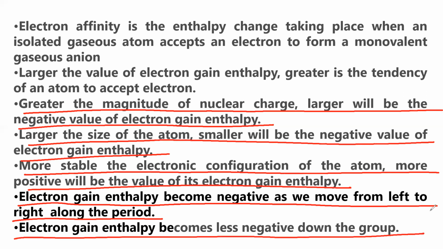As we go down the group, the electropositive character increases, so in general it is opposite to electropositive character. As we go down the group, the electropositive character increases and electron gain enthalpy decreases. And as we move from left to right, the electropositive character decreases and electron gain enthalpy increases, in the sense that it can be negative. Next.